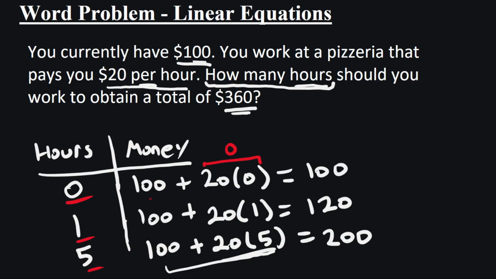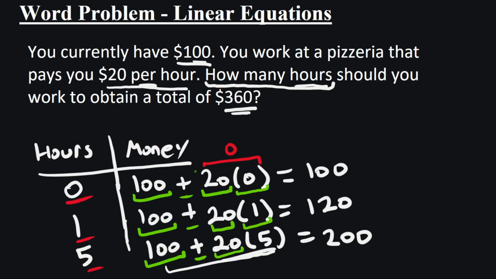So let's see if we can identify a pattern in these little equations that we wrote down here. In all of them we have 100. They all start with 100, plus the $20 wage per hour, times the number of hours worked.